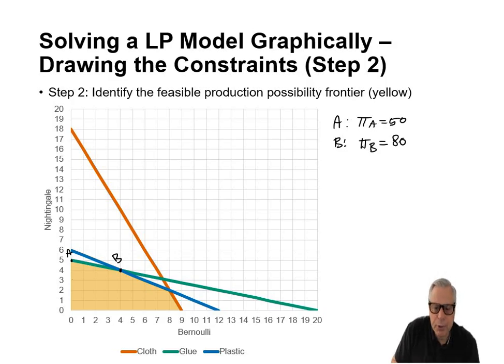Let's take another point, maybe this one here, point C. The profit in point C would be I produce 8 Bernoullis and 2 nightingales, so total profit would be 100. And let's take another point, maybe point D. Then in point D, I only produce Bernoullis, no nightingales, total profit would be 90.